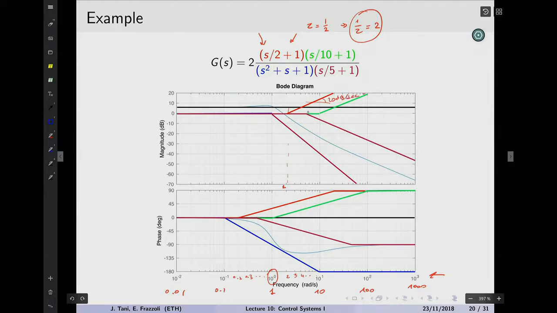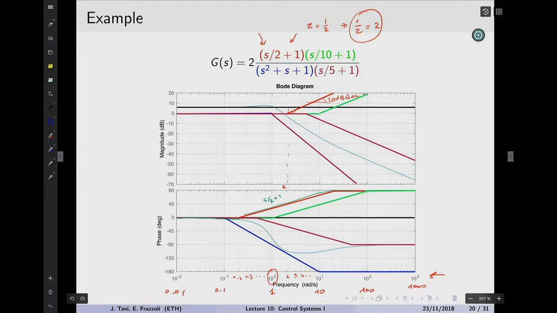Okay, so this first term is this one here. What about the phase of this first term? Well, this first term is at the numerator. Tau is a positive number, so it's going to give a contribution of 0 degrees at low frequencies and 90 degrees at high frequencies. And in the middle, we just connect with an asymptote, with a line. You get this here. This is s/2 plus 1.